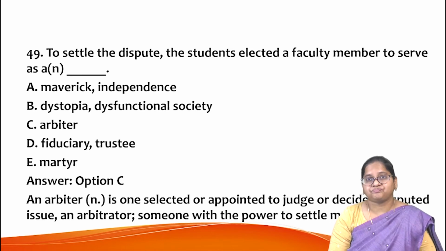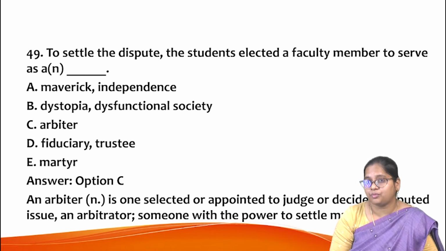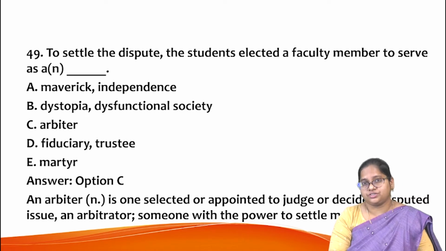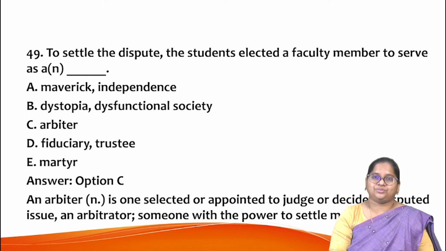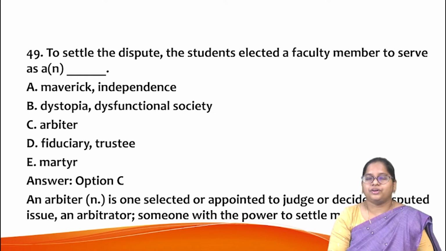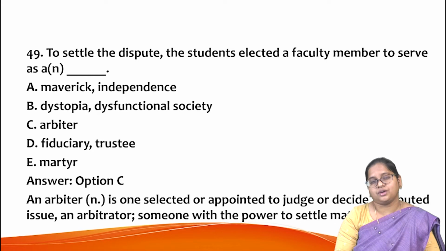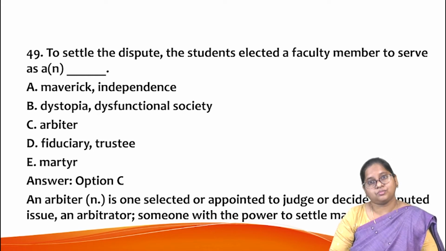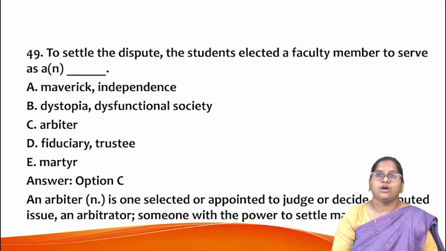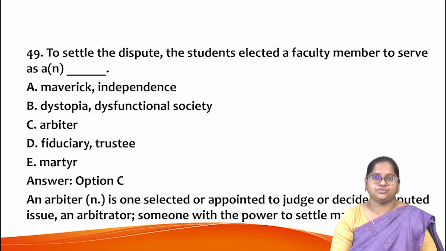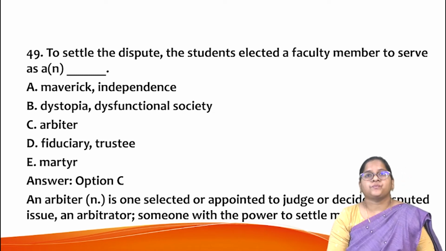Somebody who is appointed or selected to judge or decide a disputed issue, as an arbitrator. Somebody who has the capacity or the ability to settle the issue. So that is the sense of it.